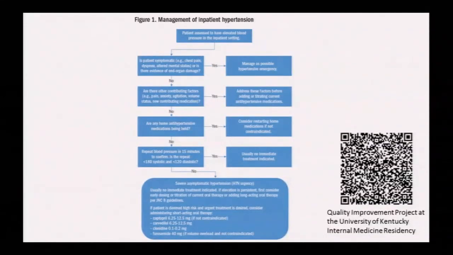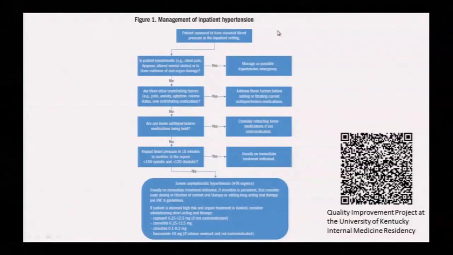Like I said, this quality improvement project was done at the University of Kentucky in my residency program, and this is a flow chart that we came up with, and essentially this is something that you could use. You can take a picture of it and use it if you would like, and this is something that guides you when you get called from a nurse that your patient's blood pressure is up.